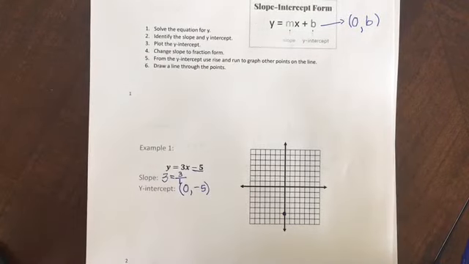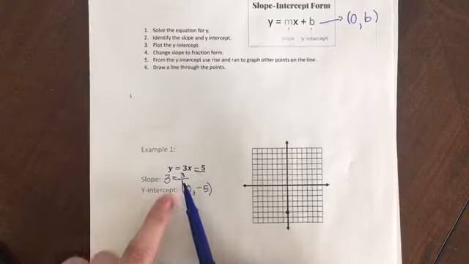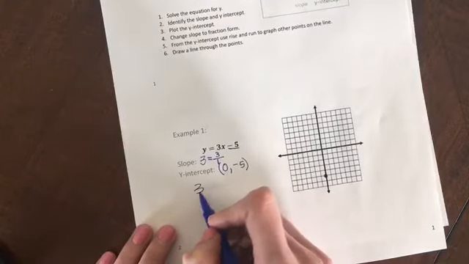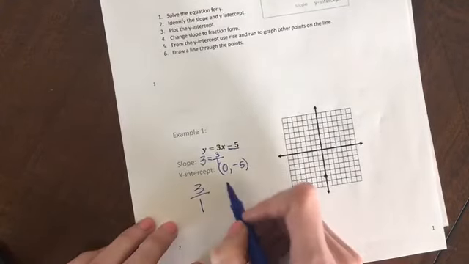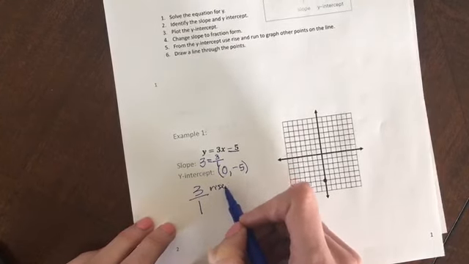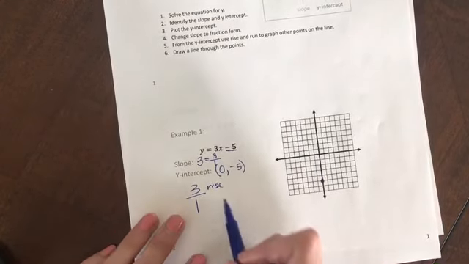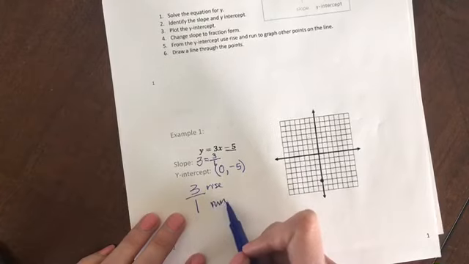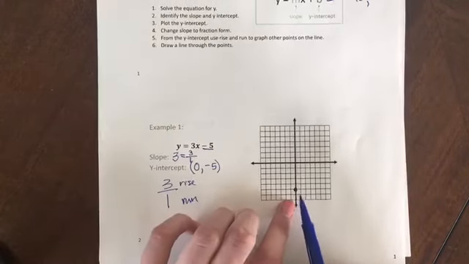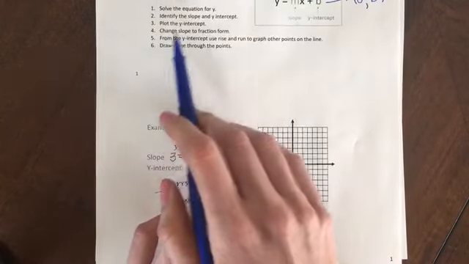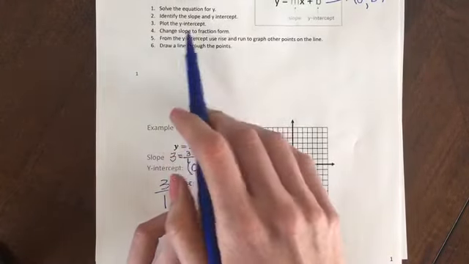Step 5, from the y-intercept, use rise and run to graph other points on the line. And here's what that means. The slope is 3 over 1. That means 3 is the rise, right? That's on the y-axis, and 1 is the run. So here's what that means. You take your y-intercept, okay, so from the y-intercept, use rise and run. So this says from the y-intercept, rise 3.